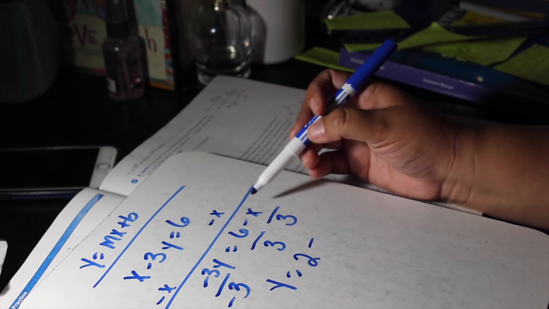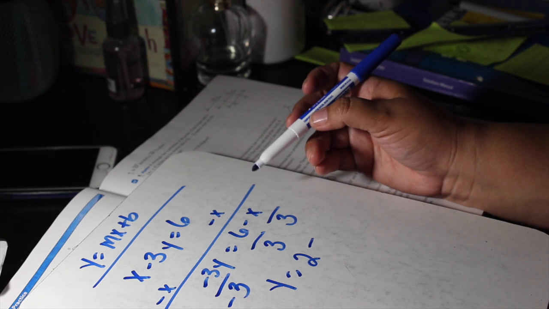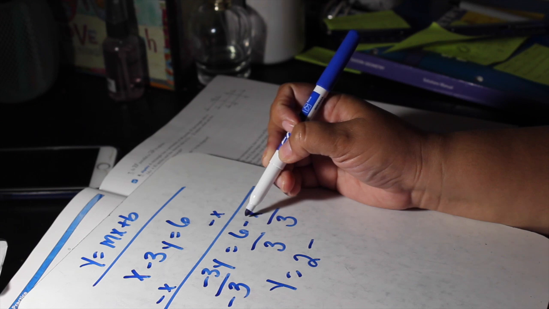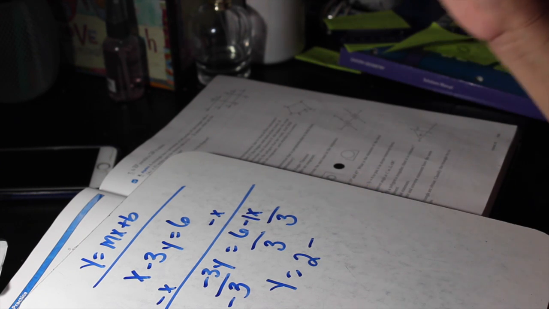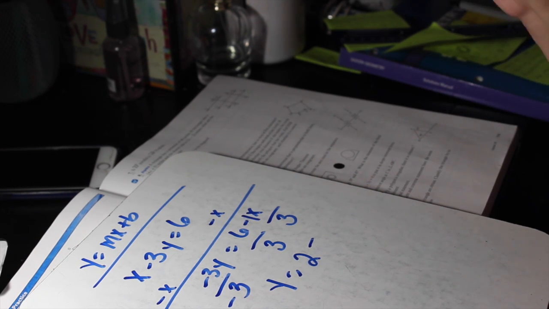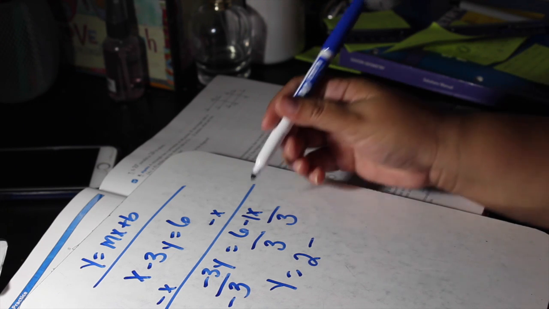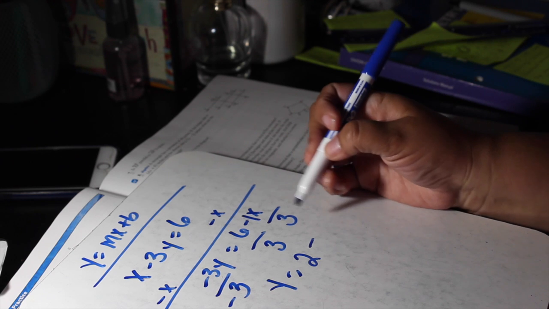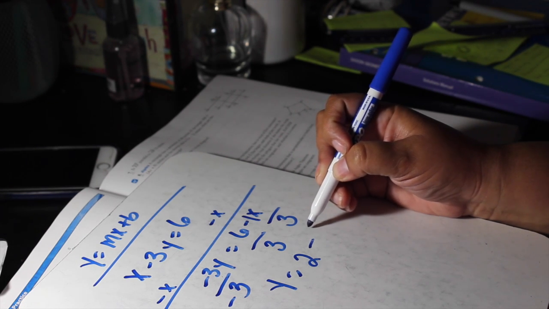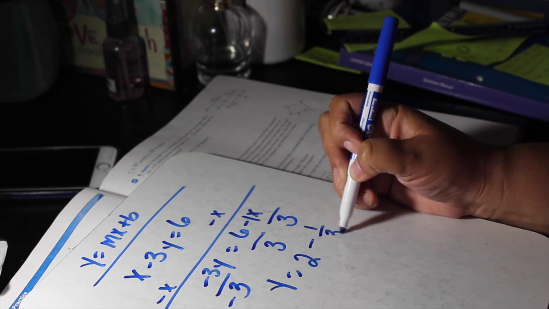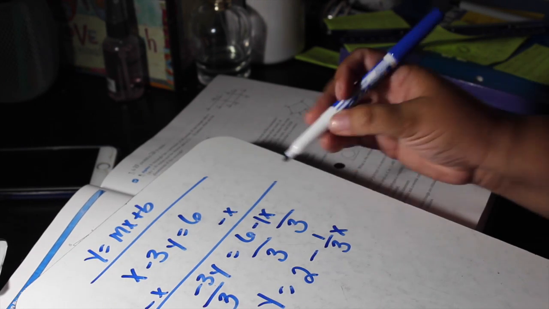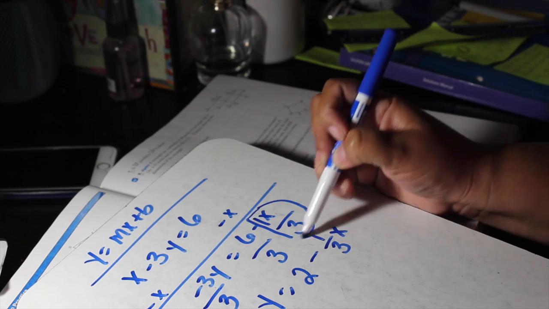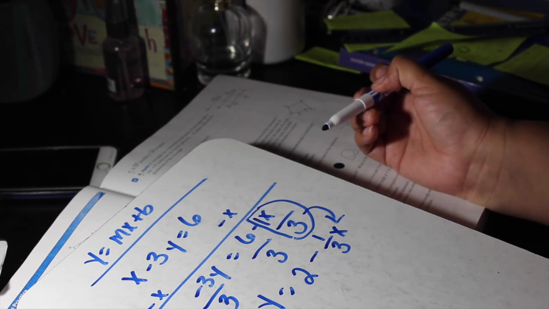And x over 3, well, we can't do x over 3. Well, we can, but this is really a 1 right here, and so that we can have it in slope-intercept form a little more easily, we're just going to put a 1x because it's the same thing as x. So we're going to have a -1/3 x. I hope you understand that this is actually the same thing as this.